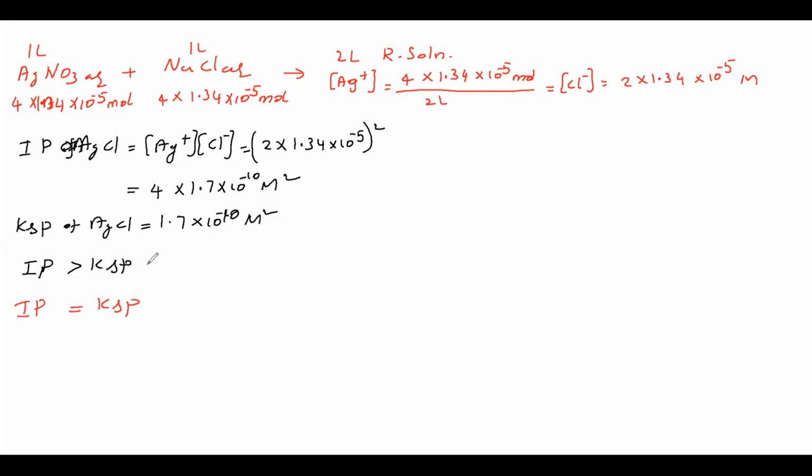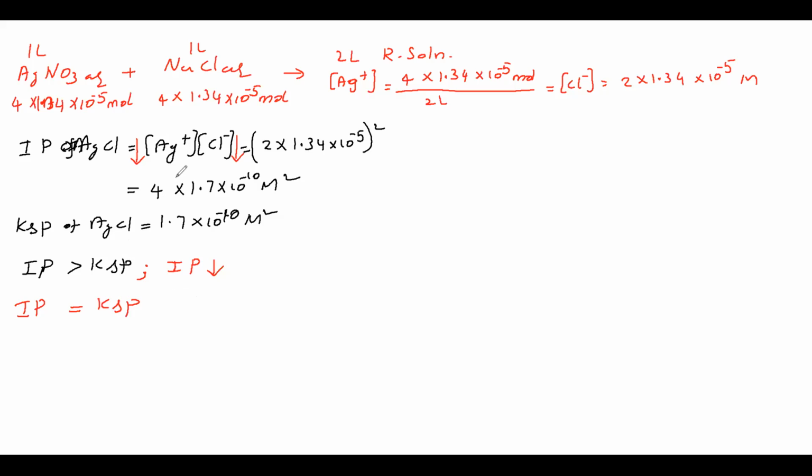In order to do this, the system will try to bring the ionic product lower. How does the system make ionic product lower? By bringing down Ag plus concentration and Cl minus concentration, such that the ionic product becomes equal to solubility product.